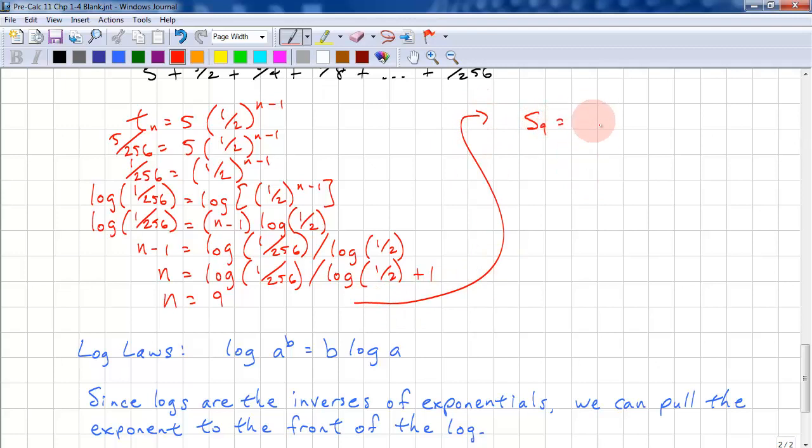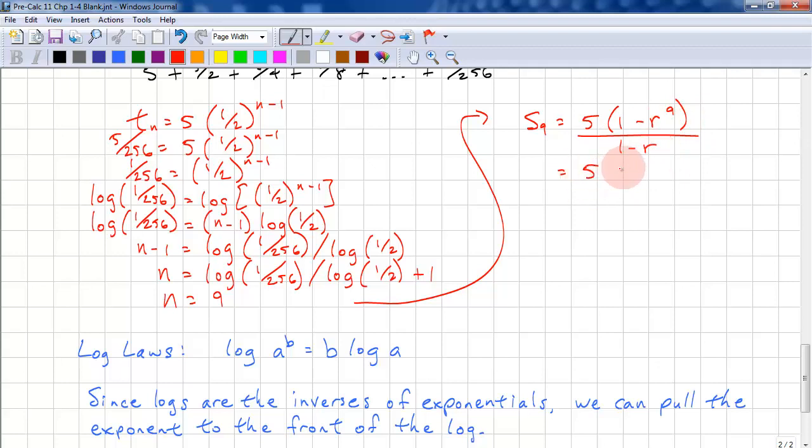S9 equals 5 times 1 minus r to the 9 all over 1 minus r. And this time we're using the other formula because r is less than 1. And we want to just keep things positive.